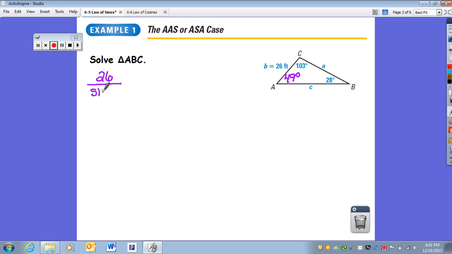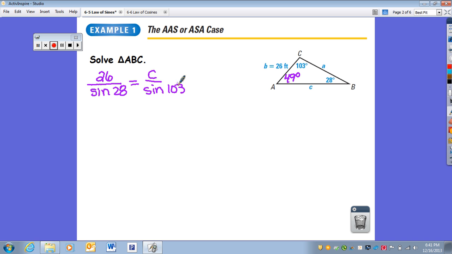Then we can set that equal to one of the sides that we don't know. We could set that equal, for example, to side c, which we're looking for, in a ratio with the sine of angle C, which is 103 degrees. Then all we need to do is solve.